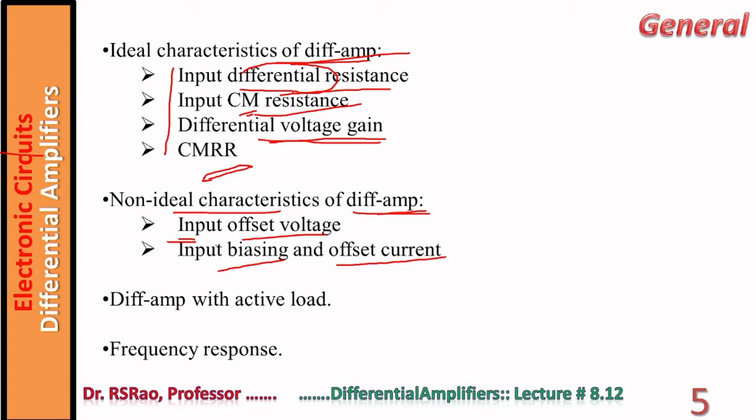It is due to input offset voltage. Similarly, another practical problem is input biasing and offset current. If the amplifier is an ideal one, the earlier four are the specifications of concern. In the case of a practical amplifier, these two also are of serious concern for a design engineer or an end user.